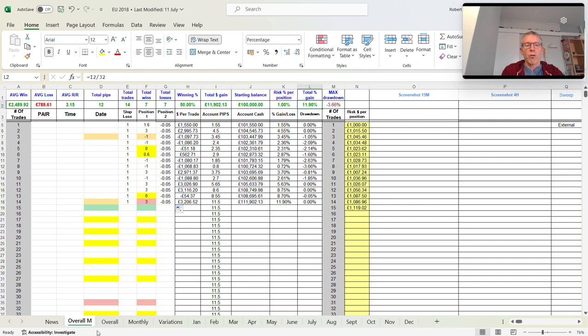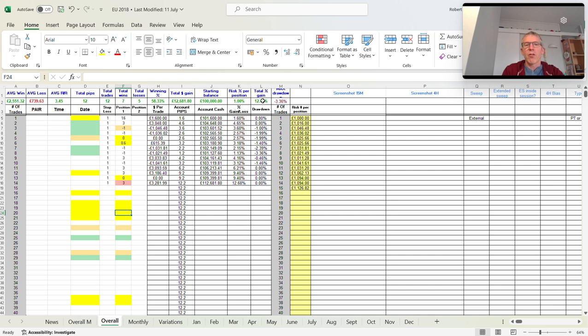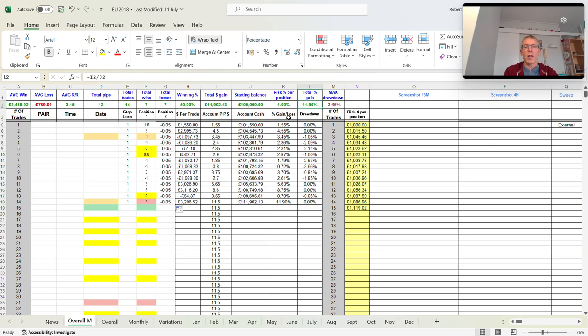But the big thing here is it shows me in that month, I've gone from 12.68% gain and 3.36% max drawdown to 11.9 and 3.66, which isn't too much. But once you start recording a whole year's worth of data, it's a lot more.